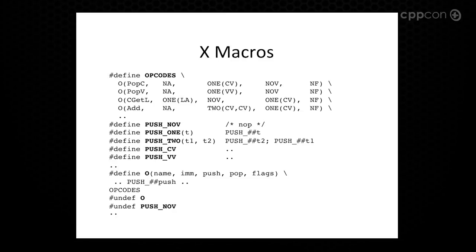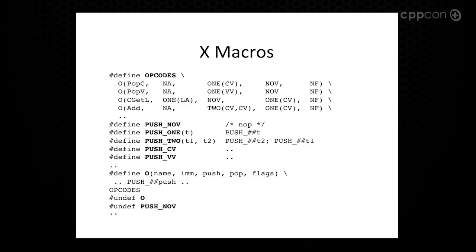We just wanted an enum that had a name for every instruction and would just assign them default integer values starting with 0. So here we define O, and it only takes name, and then we use ... to basically say whatever. We're not going to pay attention to the second, third, fourth, or fifth thing in each row. We're just looking at the first thing. So that's a simple use, but there's more complicated uses you can do here.